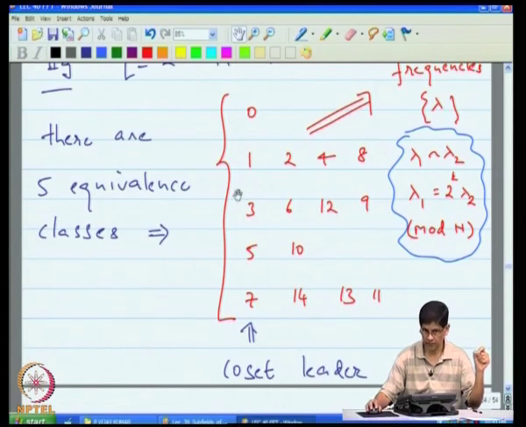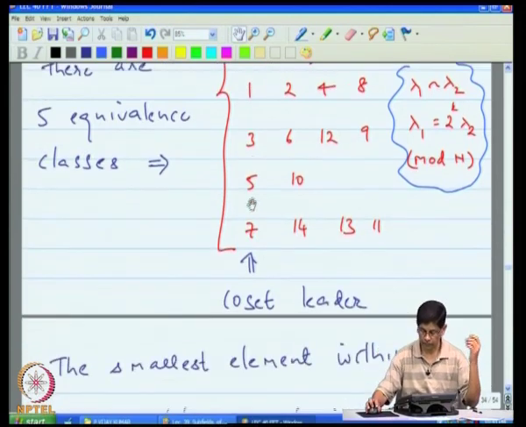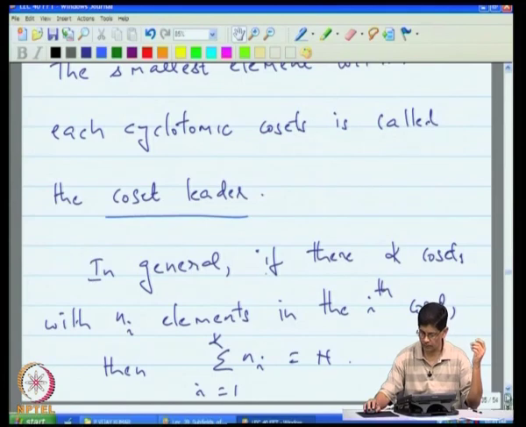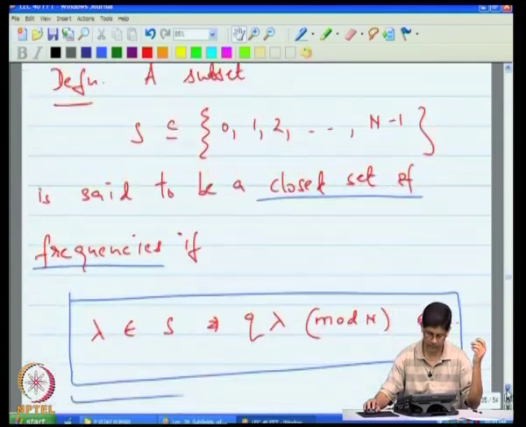Okay, so, when I include 3, I am actually bringing along the entire cyclotomic coset. Supposing I next choose 2, I am forced to bring 1, 2, 4 and 8, because 2 times 2 is 4, times 2 is 8, times 2 mod 15 is 1. So, I am forced to bring along this entire cyclotomic coset. For this reason, closed sets are the union of cyclotomic cosets.